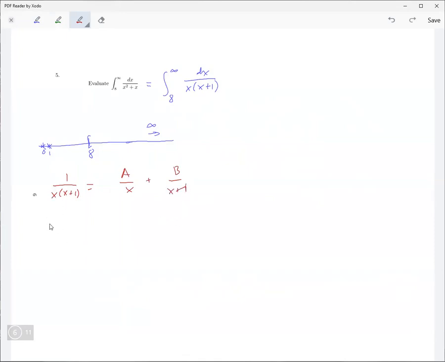Multiply both sides by this denominator. And you get that. And then you strategically set x equal to different values. If you set x equal to 0, that goes away. This just becomes 1, and you have a equals 1. If you set x equal to -1, then that's negative b, that goes away, and you end up with b equal to -1.